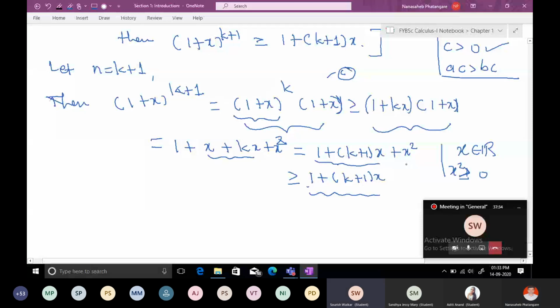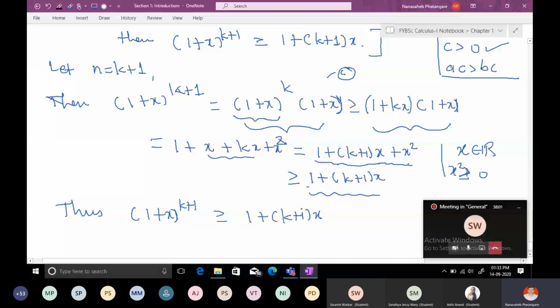That is my ultimate aim. So thus, what I get: 1 plus x raised to k plus 1. I started with 1 plus x raised to k plus 1, and ultimately where I reach, it is greater equal 1 plus (k plus 1) times x.